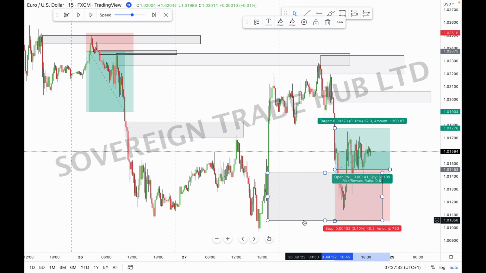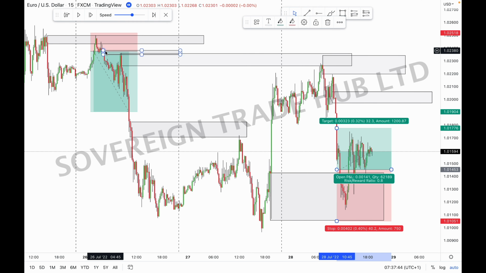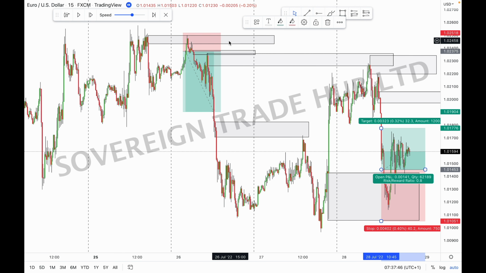Now, take profits should be placed before an unmitigated zone. Yes. If you are buying from this, if you are selling from this level now, you ask yourself which zone has been mitigated and which has not been mitigated.